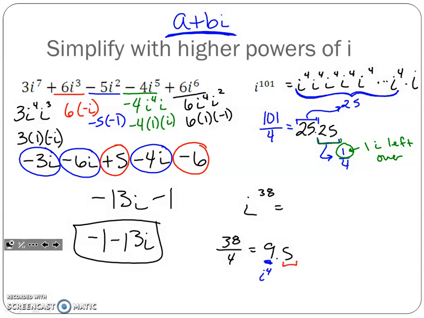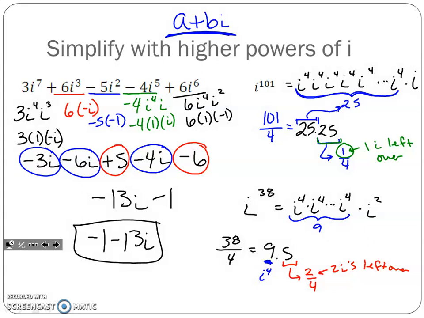And then 0.5, that's a remainder of 1/2 or a remainder of 2/4, so there are 2 i's left over. So I have 9 of these i to the fourth, and then I've got 2 i's left over, which means I've got an i squared left over.